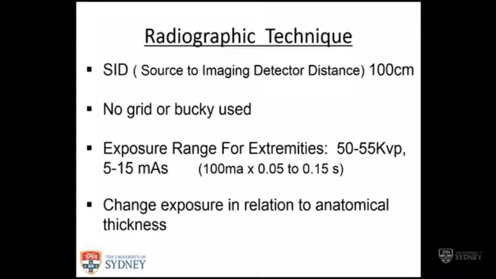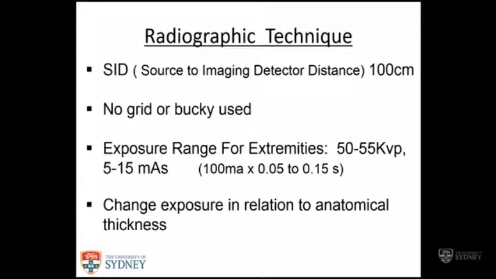So what do you reckon a wrist might be in that range, if that's your range? I would probably use 10 mAs, so 100 mA for 0.1. I'd probably use 50 for the PA, 55 for the lateral, and what about the oblique?